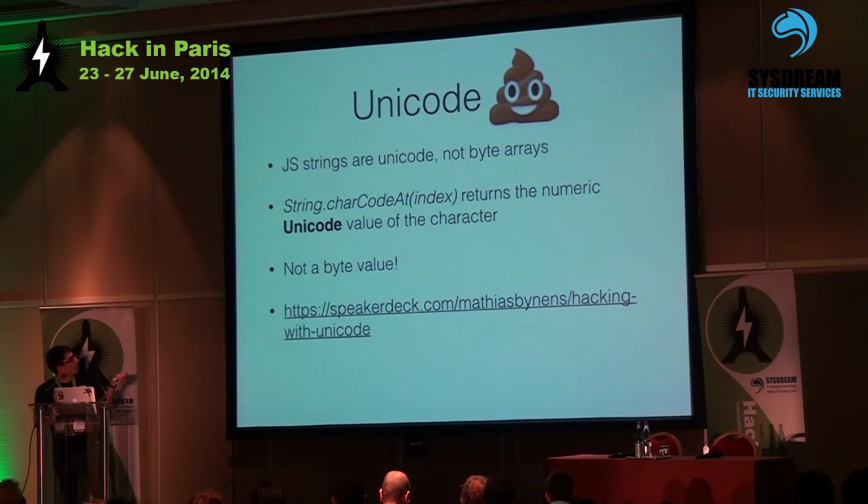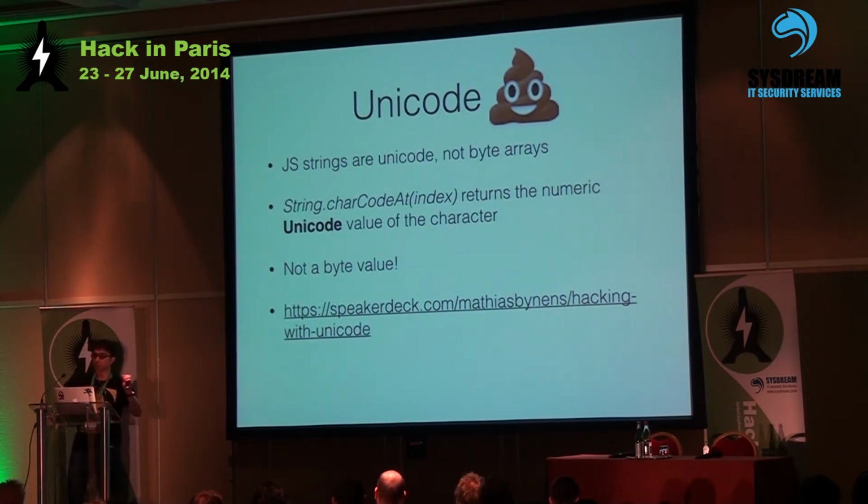So very often JavaScript developers use this function to check for the value of a certain character within a string. And the problem is that if you supply a Unicode string there, the result is more than a byte value. So it's more than 256. And there are a lot of attacks with Unicode and JavaScript.